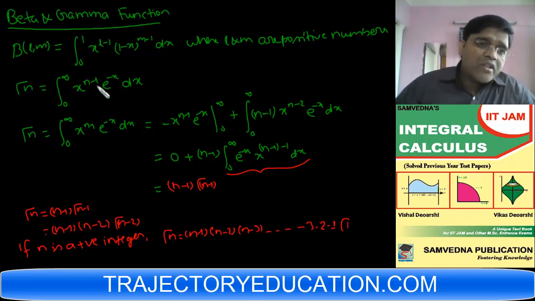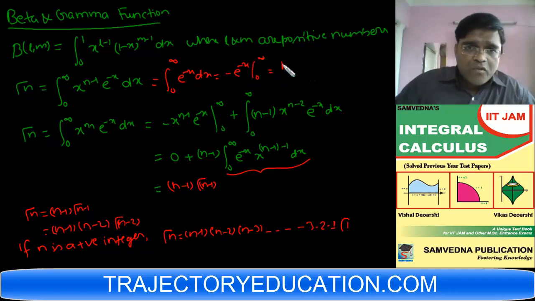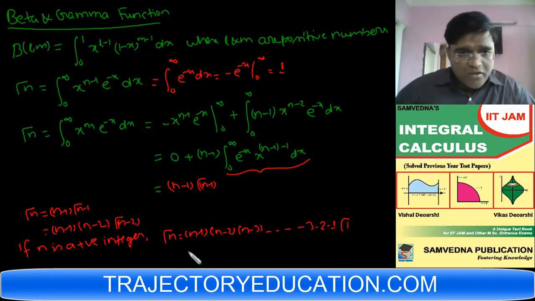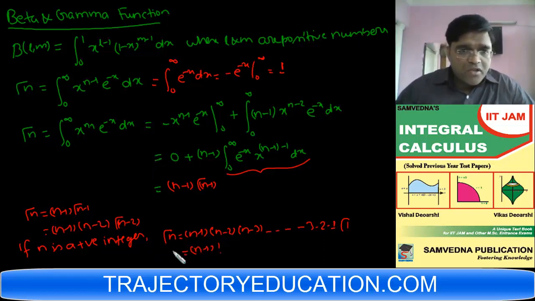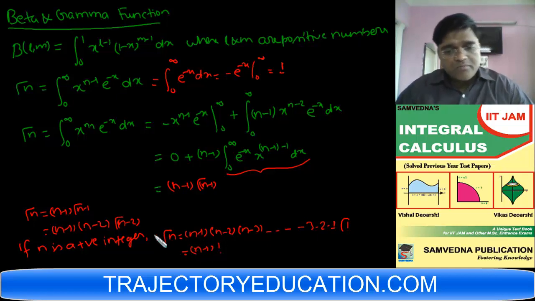So what is gamma(1)? Put 1 in the integral: x^0 is 1, so gamma(1) is the integral of e^(-x) dx, which is minus e^(-x) from 0 to infinity. This becomes 1 itself, so gamma(1) is 1. So if n is a positive integer, gamma(n) equals (n-1) factorial.